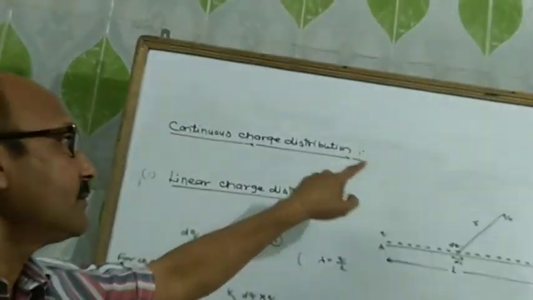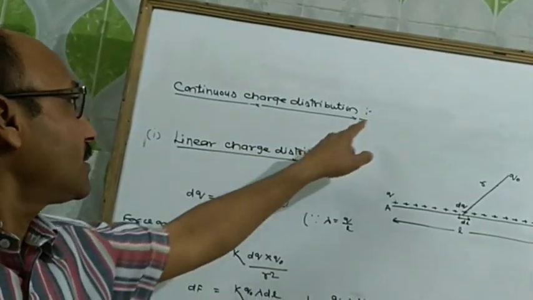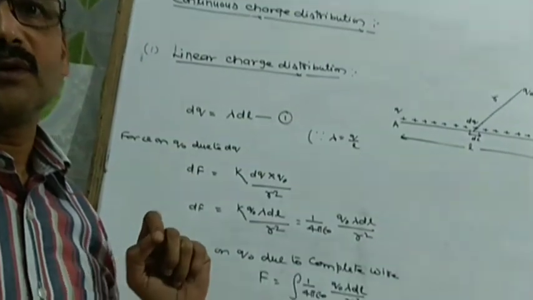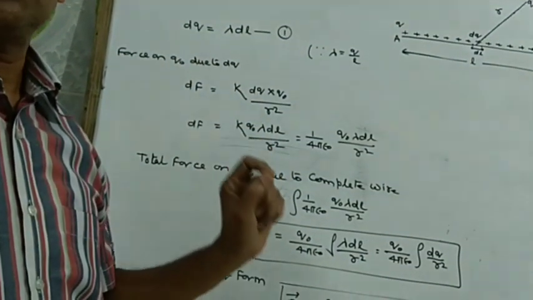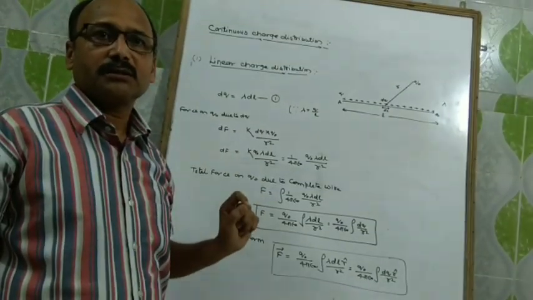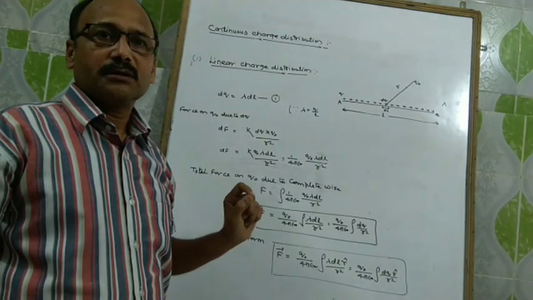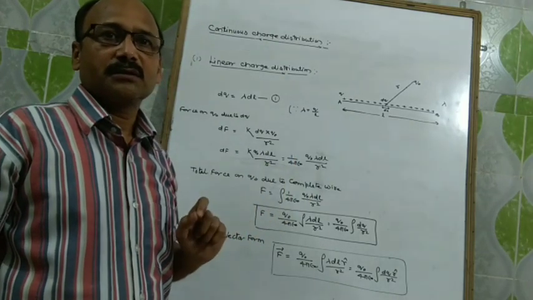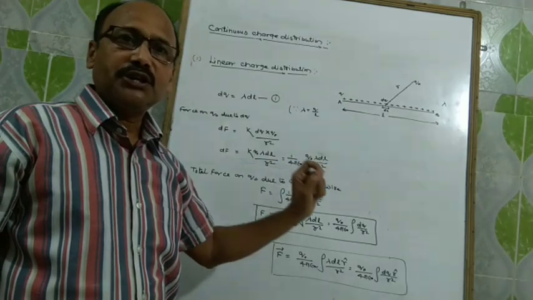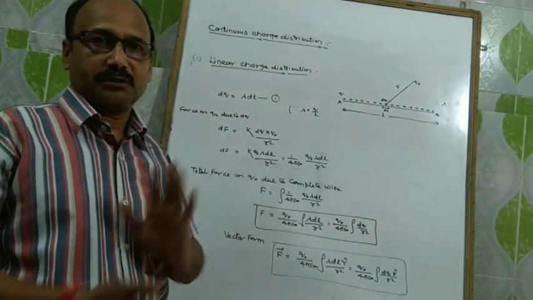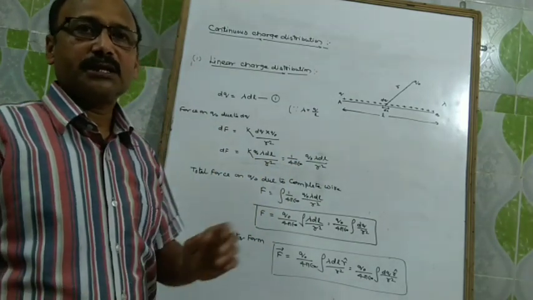So we can define the continuous charge distribution. A system of closely spaced electric charge forms a continuous charge distribution. I repeat this definition.